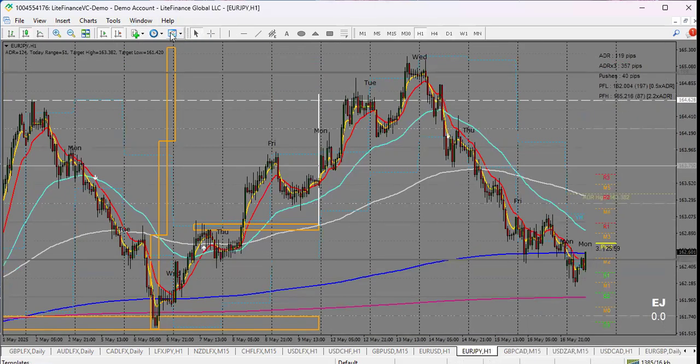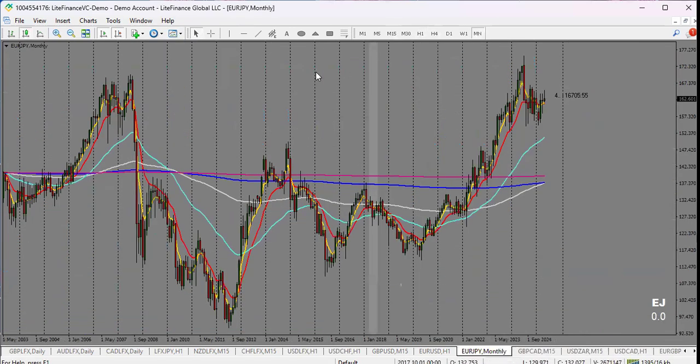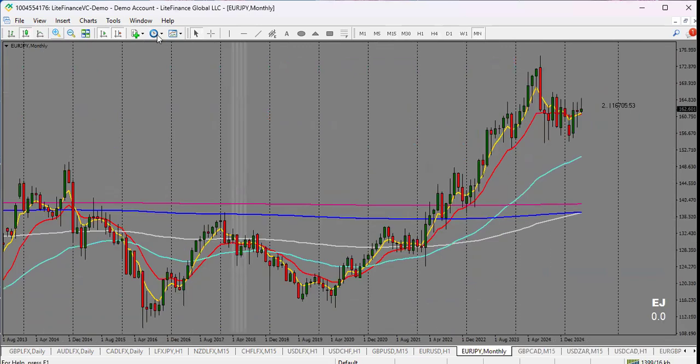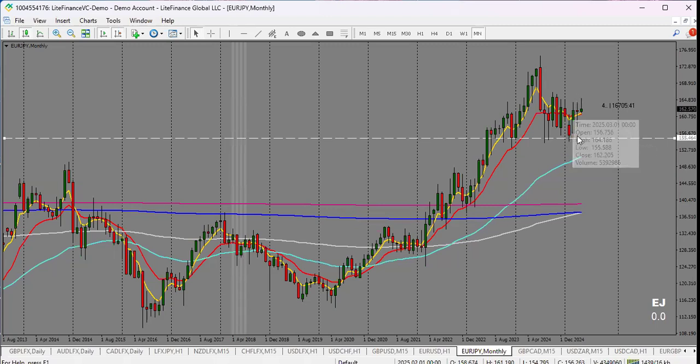Now on EURJPY, I need to do another analysis. The trend had actually changed here on the hourly. We had this area of support here, and the market was showing a bullish market structure.